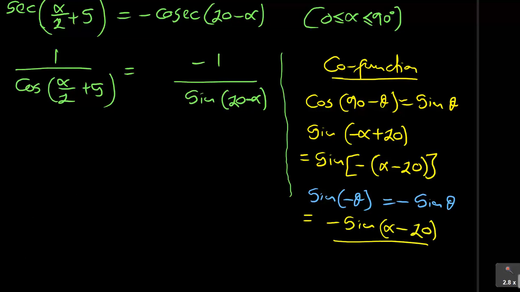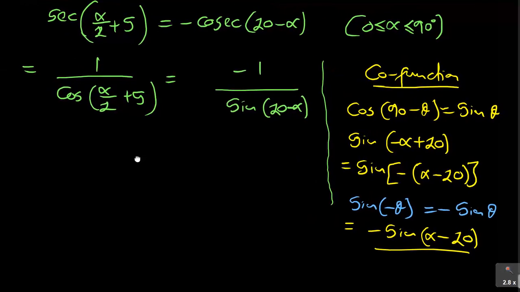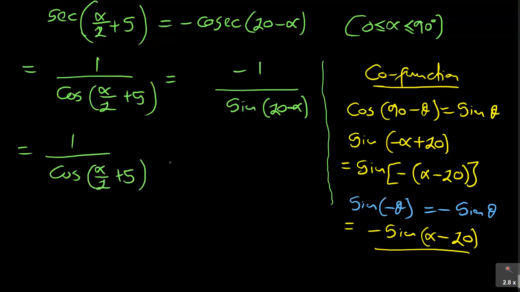So here I can rewrite this statement now as the arrow, because this is an equation: 1 over cos of alpha over 2 plus 5 is equal to minus 1 over minus sine of alpha minus 20.